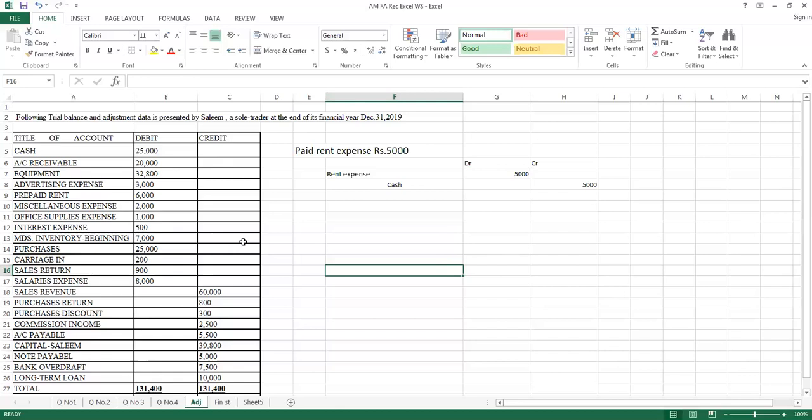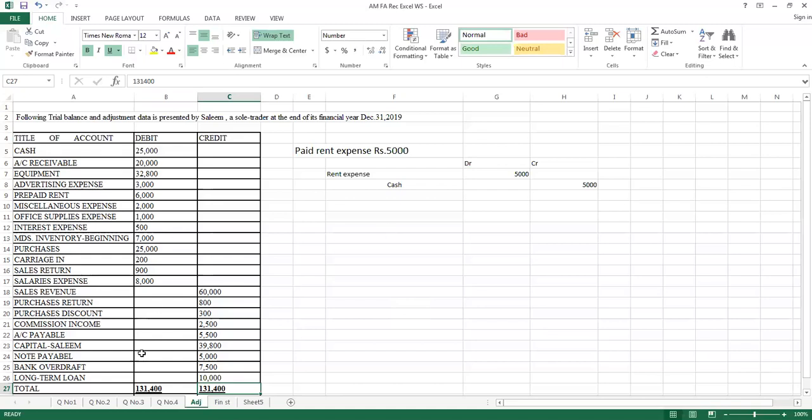Now look at the trial balance. This business prepared this trial balance, and according to their understanding, the trial balance is okay. You have a debit balance of 131 and a credit balance of 131. So you are satisfied that all the information is available.